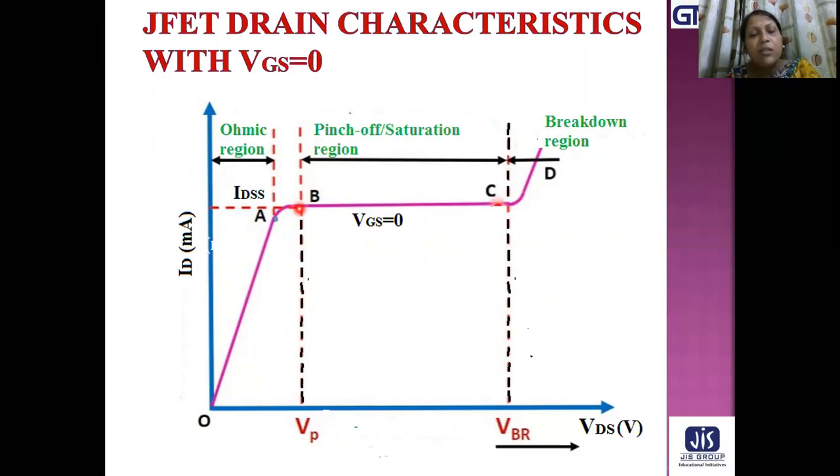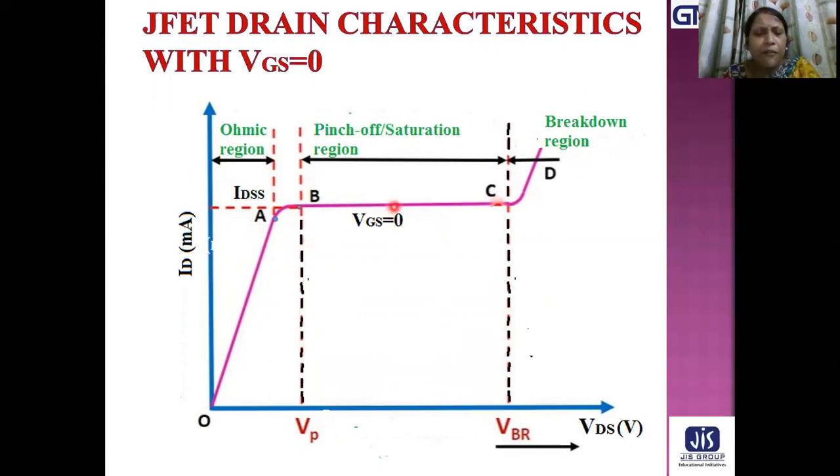If we increase the drain to source voltage, the drain current will not increase. Now, this BC region is called the pinch-off region, also known as saturation region or amplifier region. Hence, JFET operates as a constant current device here because ID is relatively independent of VDS.